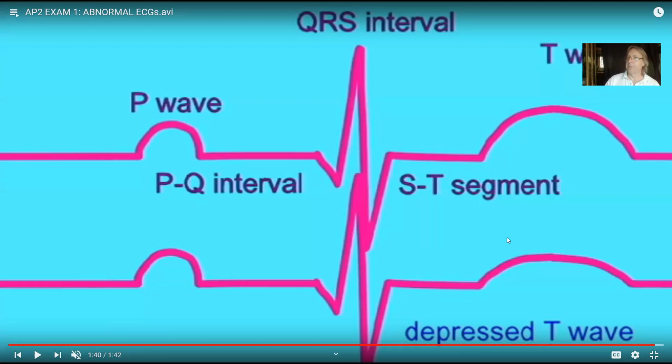And the reason is, if I have an abnormality or a problem with my heart, it might not manifest itself at rest. So at rest, I might look fine. But if I were then to go out and do heavy exertion, then I would manifest the problem. So if you were getting an ECG done with a stress test like jogging or something, that might show problems that you might not otherwise see.